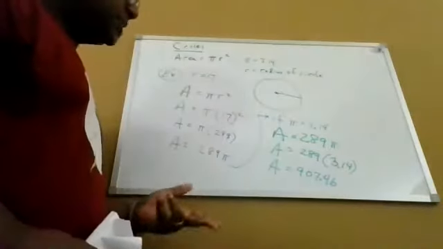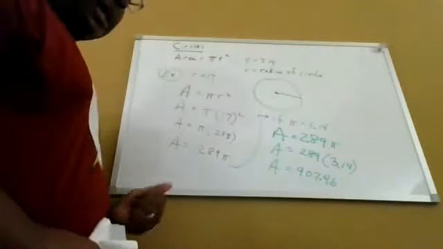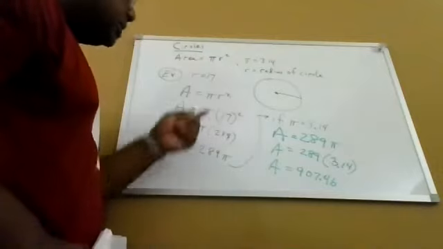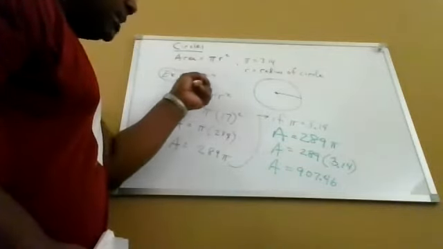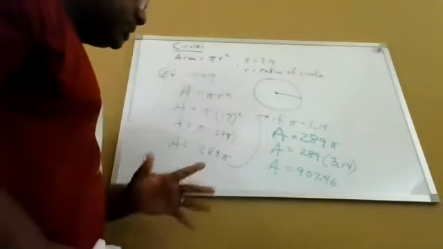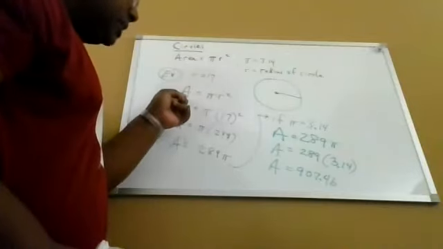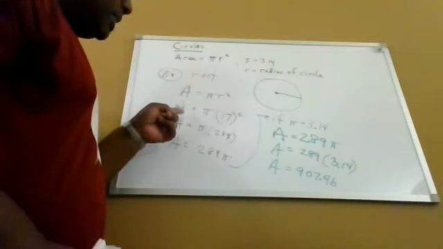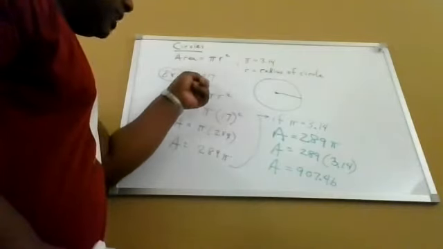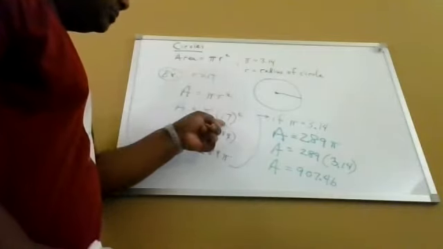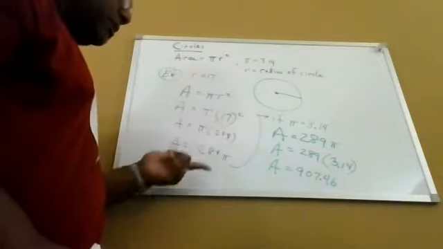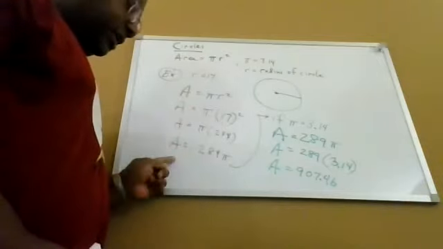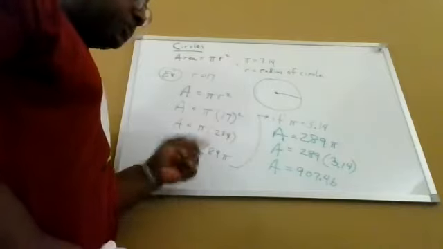Okay, so just two things to emphasize here. Sometimes when you're calculating the area, they will only give you the radius. If they do, that's fine. We still use the formula A equals pi r squared, and then we substitute just the value 17 in for r, like we did here. And we worked it down to the area equals 289 times pi.